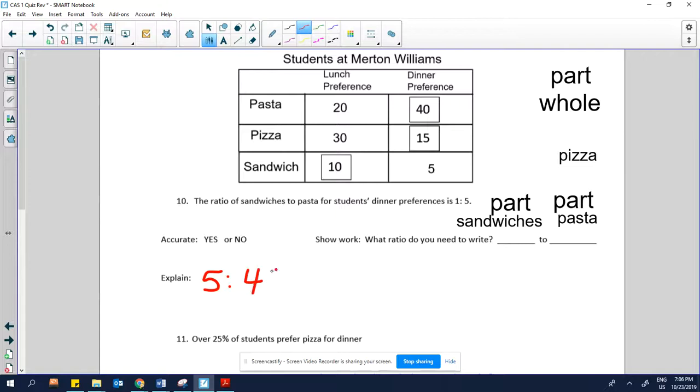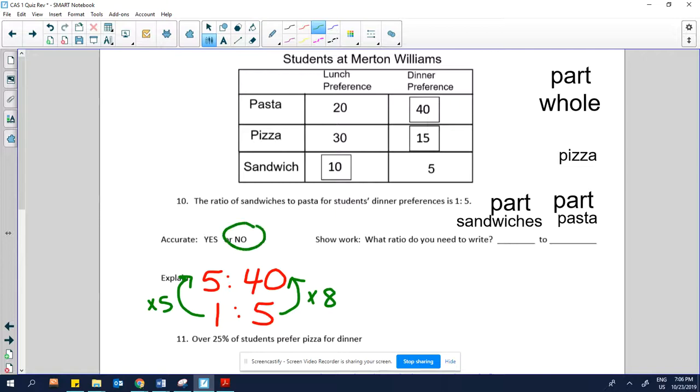All right, so we have to decide, is that the same as 1 to 5? If I go this way to make your scale factor a whole number, this is times what? Is this times 5? No, this is times 8. 40 divided by 5 is 8.